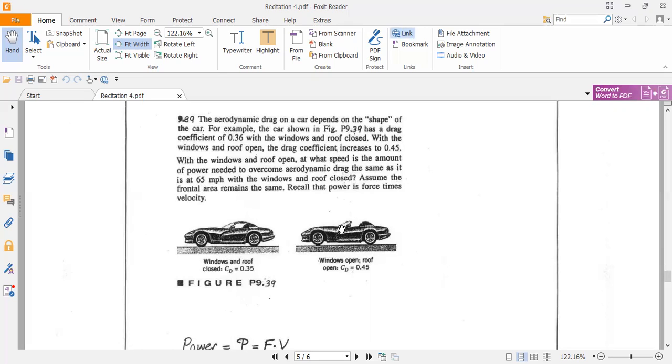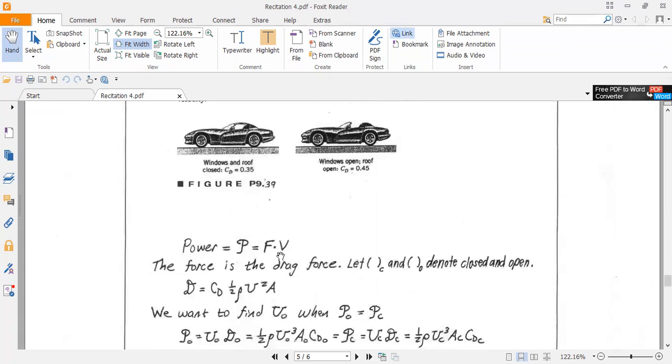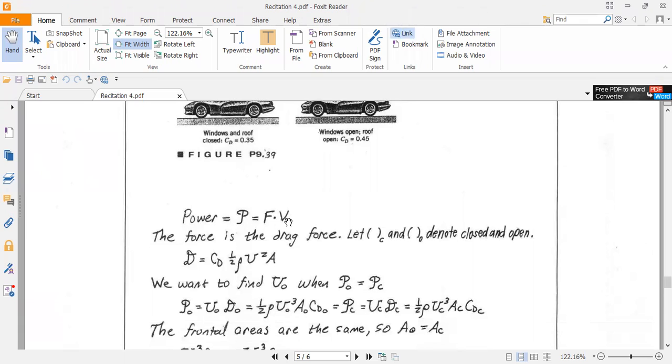That power will be the same as this power. Then we need to find out the velocity of this car. The power is force times velocity, so we know P equals F multiplied by V.